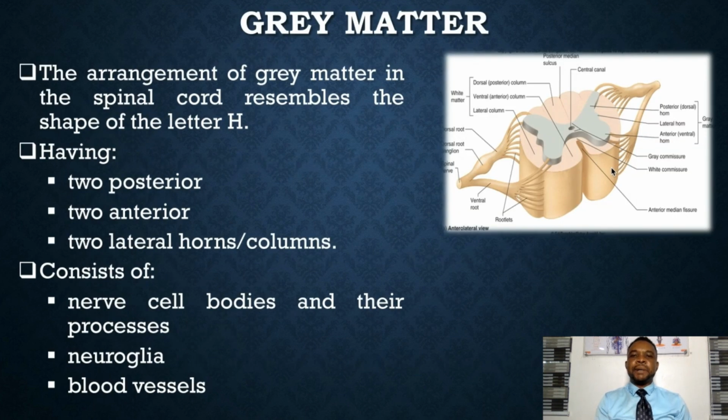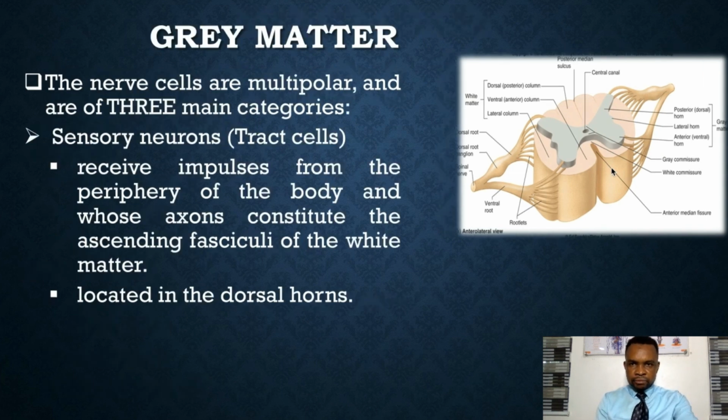The arrangement of the gray matter in the spinal cord resembles the shape of the letter H, or a butterfly-like structure, having two posterior, two anterior, and two lateral horns or columns. The spinal cord consists of nerve cell bodies and their processes, neuroglia, and blood vessels.